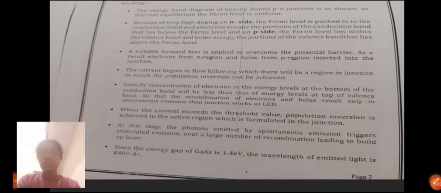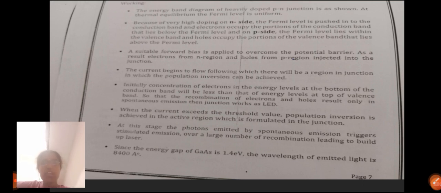Now, the working of the semiconductor laser. We apply a small forward bias across the junction. An electric field will be set up and the junction barrier will be broken. The energy band diagram of a heavily doped PN junction is shown in the diagram. At thermal equilibrium the Fermi level is uniform.